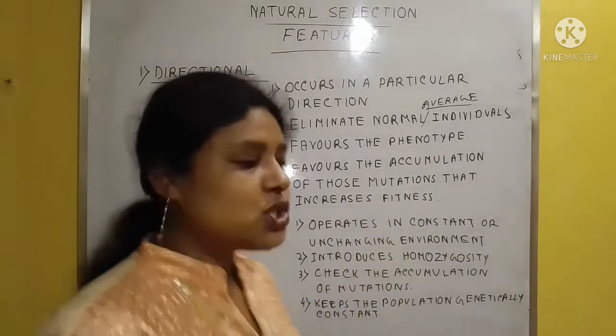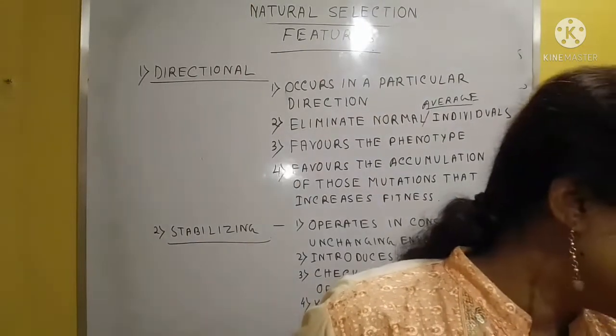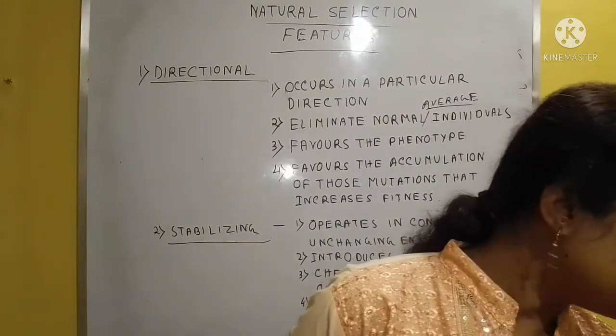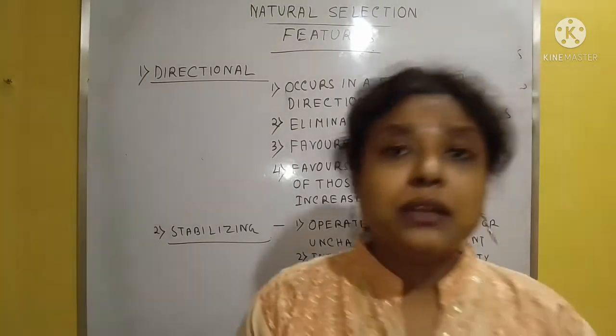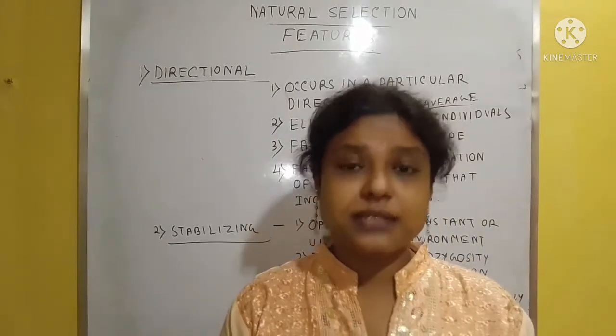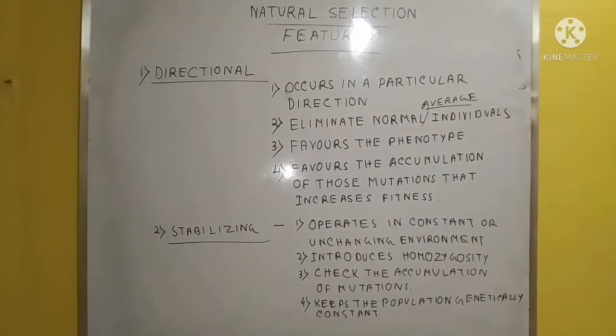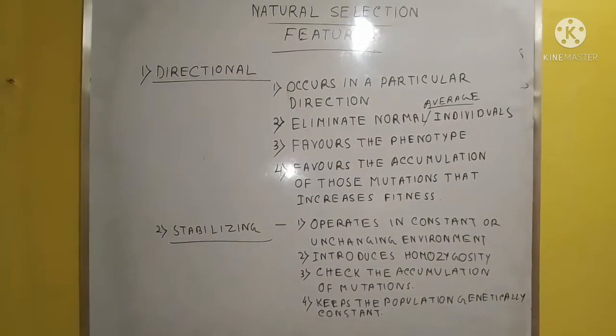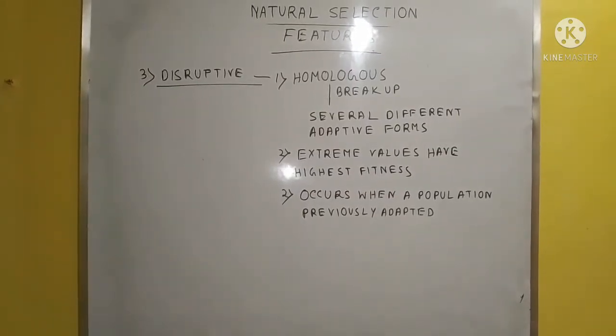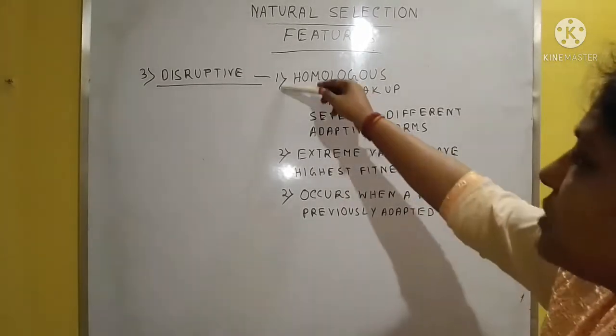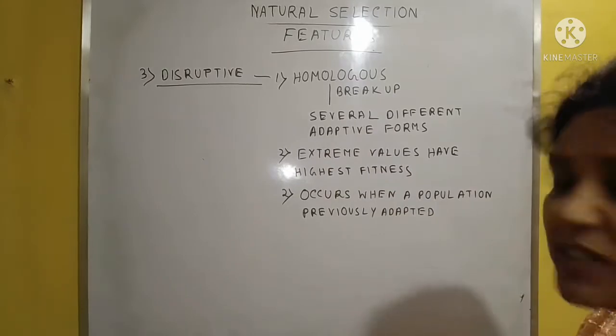Clear? And the last one we learn is disruptive natural selection, and which features the species gain. Okay, in case of disruptive natural selection, three features we can see in the species.